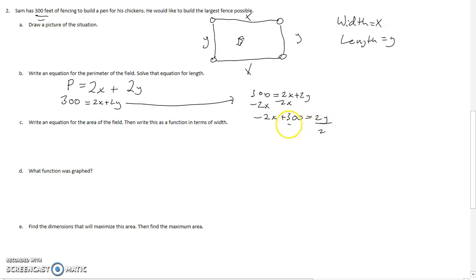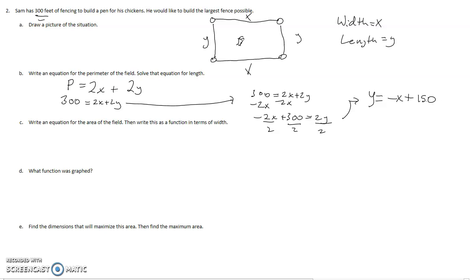Now I'm going to divide everything by 2 here. So that's going to give me my formula for the perimeter in terms of the width: y is equal to negative x plus 150. So that is my formula for the perimeter in terms of the width.